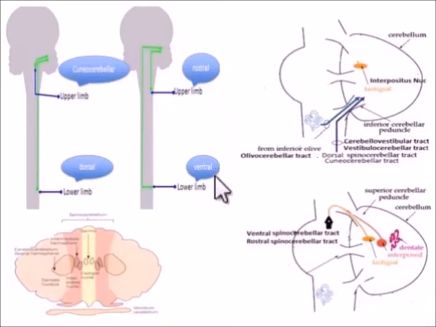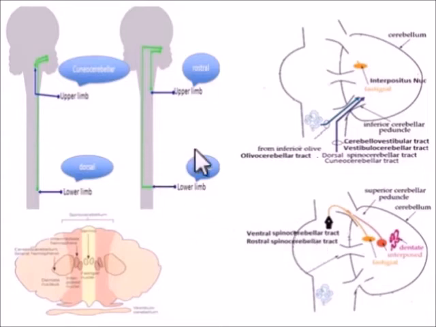The anterior spinocerebellar tract is from the lower limb and the rostral spinocerebellar tract is from the upper limb, and both these tracts enter through the superior cerebellar peduncle into the spinocerebellum, and mainly carry the sensation of crude touch and pressure from the lower limbs and upper limbs. Some books write that they also carry proprioceptive sensations.